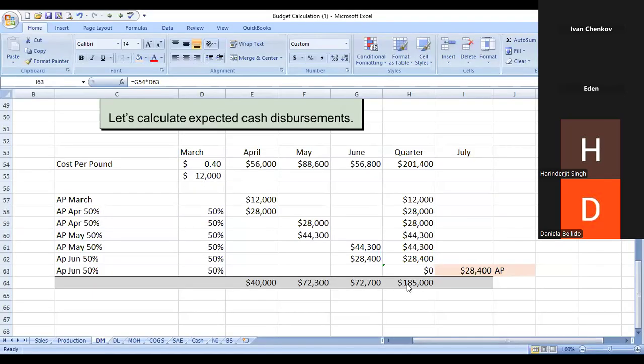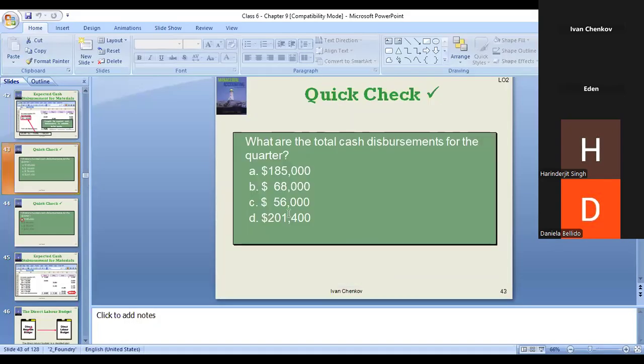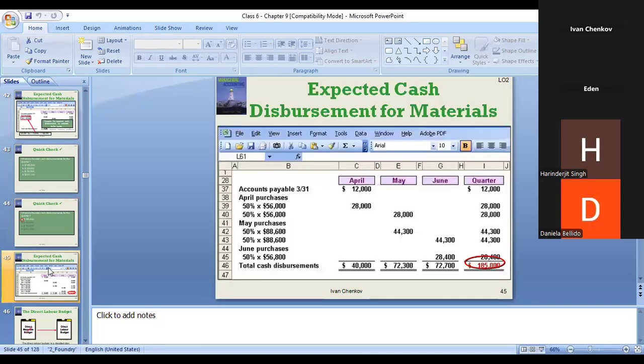Interesting. I'm sharing the Excel spreadsheet, but it's still not showing me. For the entire quarter, we have to pay $185,000. Let's see if that's going to check with the answer. So our answer will be A. And A seems to be the correct answer.